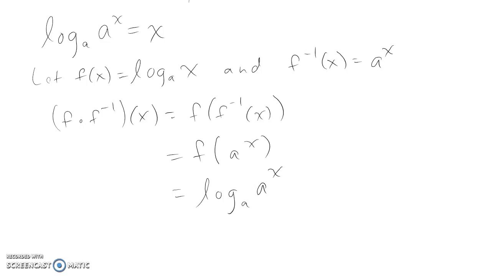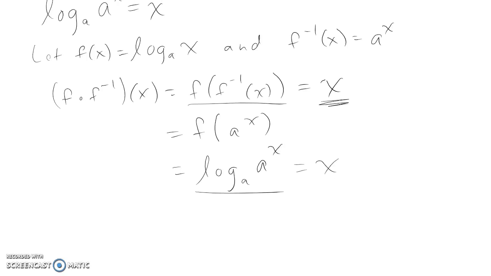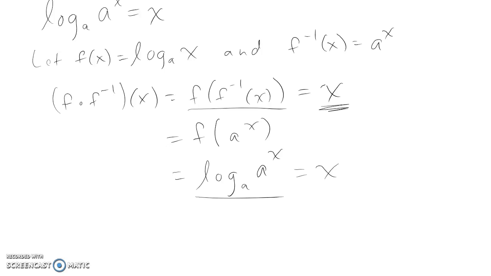And we know that if you compose a function with its inverse, you always get x. That's not the definition, but that's what always happens for inverse functions. So notice, this is what we had to evaluate originally. It ends up being equal to x because we know they're inverses. Okay?